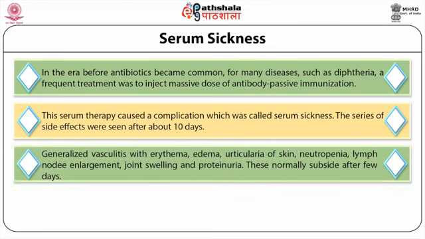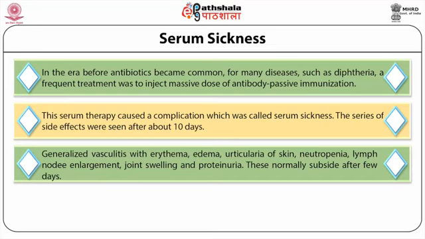Generalized vasculitis with erythema, edema, urticaria of skin, neutropenia, lymph node enlargement, joint swelling and proteinuria are seen. These normally subside after a few days.